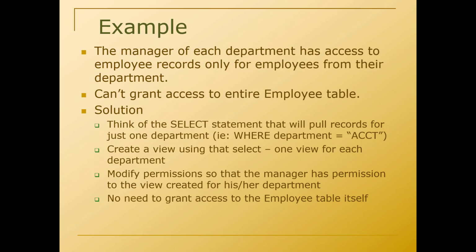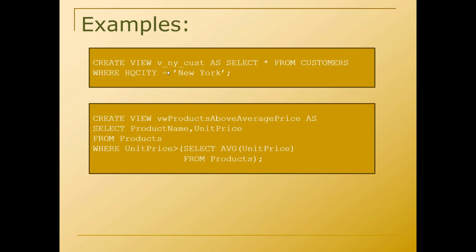If you create a view and give that manager access only to the view for their employees, that's all they see. Here's some examples of creating a view. We're creating a view called V New York Customer. And notice that it's got a where clause that's only selecting customers from New York. So if I have a sales rep that's over New York, they're only going to see those customers.